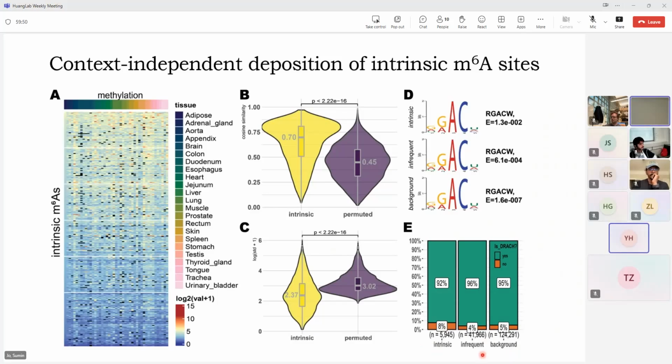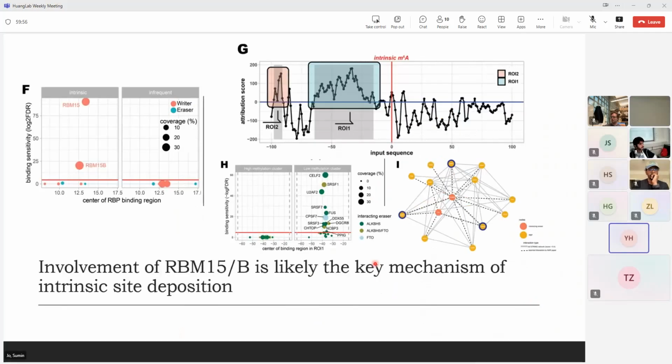So their methylation mechanism should be unique. One of the hypotheses is that in addition to the METTL3 METTL14 complex, there are unique complementary writers that are probably recruited by METTL3 METTL14 to methylate these tissue-independent or intrinsic sites.